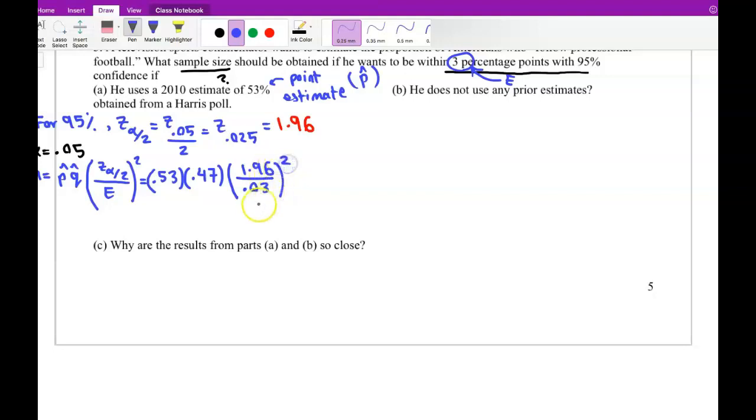Then square. Rounding that, the answer is 1063.3.